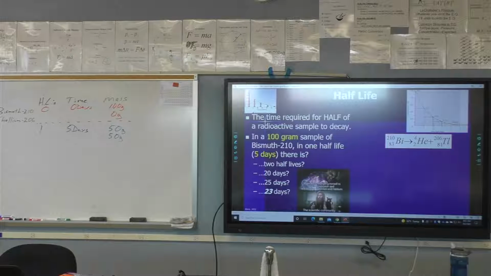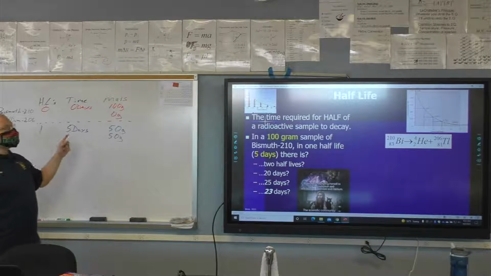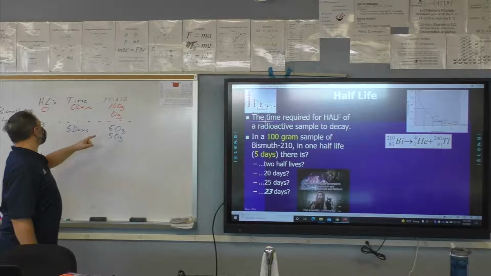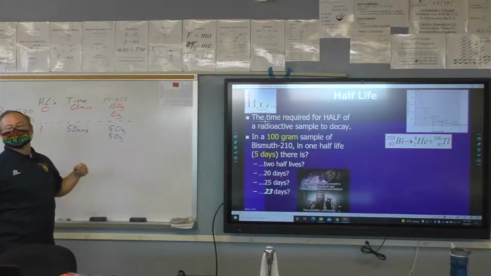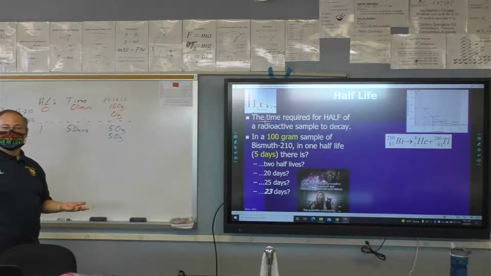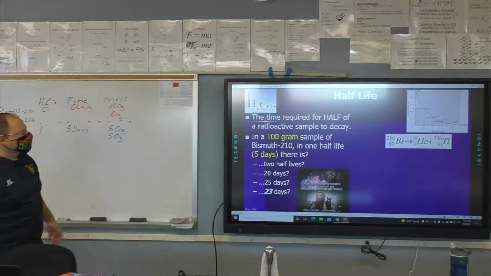I think that's good enough. So in one half-life, 5 days have passed, and our 100 grams of bismuth has turned into 50 grams of bismuth and 50 grams of thallium. Make sense? So 2 half-lives.